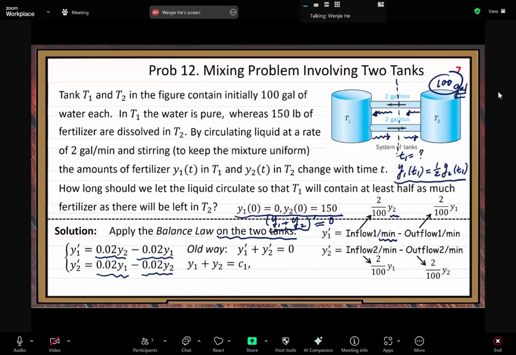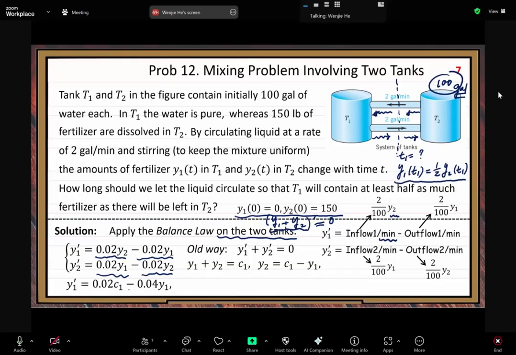Very easy. That means if you find one of the two functions, then for the other function you just use C1 minus y1. So you only need to find the solution of one of the two functions. Then let's go back to our first ODE in the system.